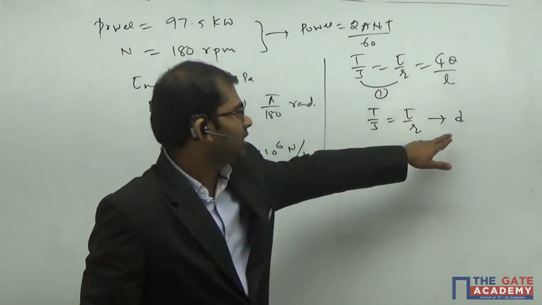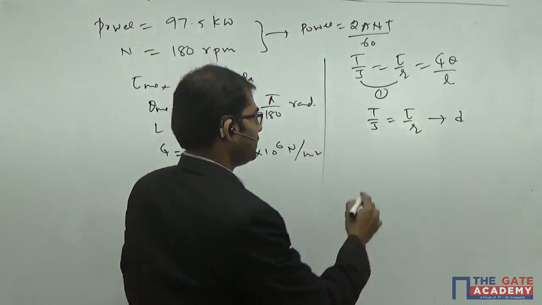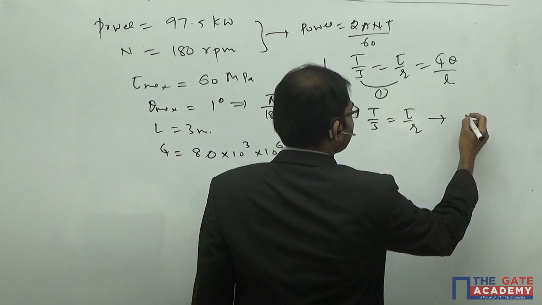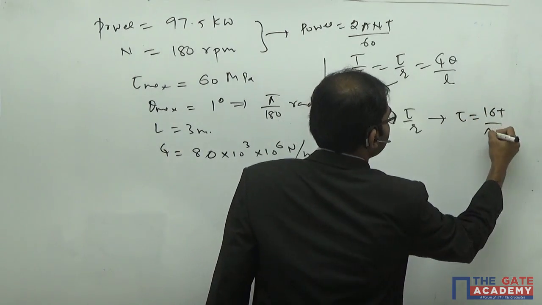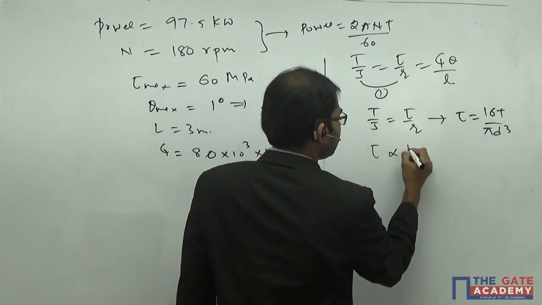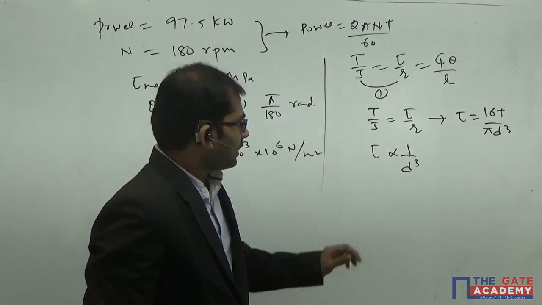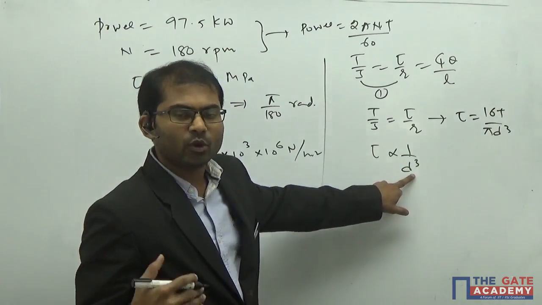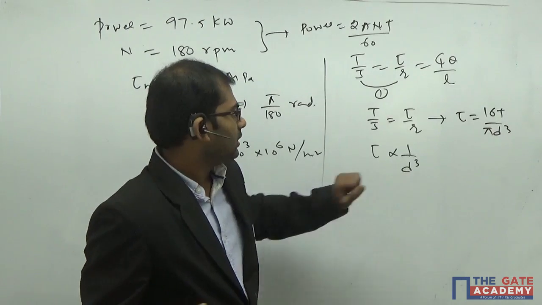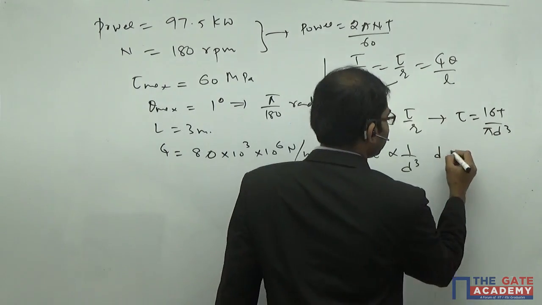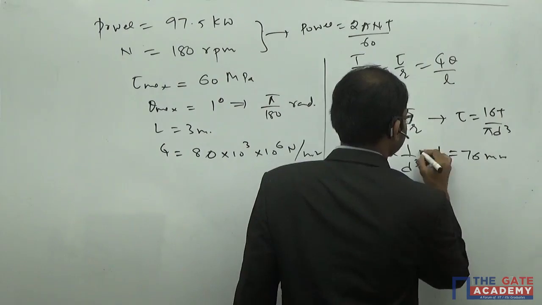That means if your diameter is below that value, because if you simplify this formula, finally you're going to get shear stress as 16T by pi d cube. So tau is inversely proportional to d cube. From this one, I guess you should be getting the answer as around 76 mm.